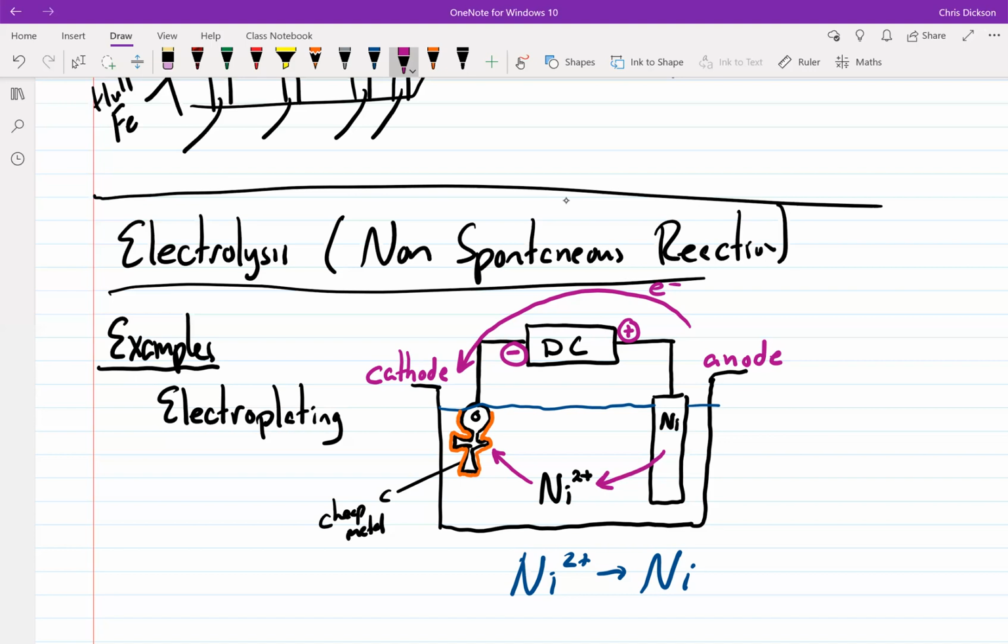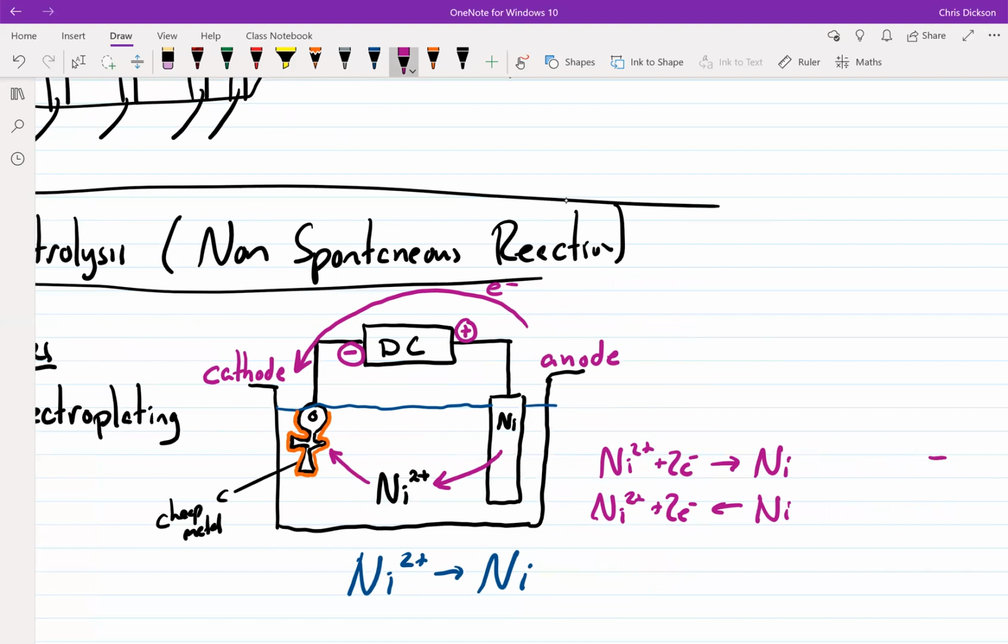Now, the actual reaction might trick you a little bit, because if you look at what's going on here, you have nickel being reduced to form nickel metal. But then you have nickel metal being oxidized to form nickel ions. Now, of course, the voltage on this is the same, because it's the same reaction. I'm just looking it up in the book here, negative 0.26.